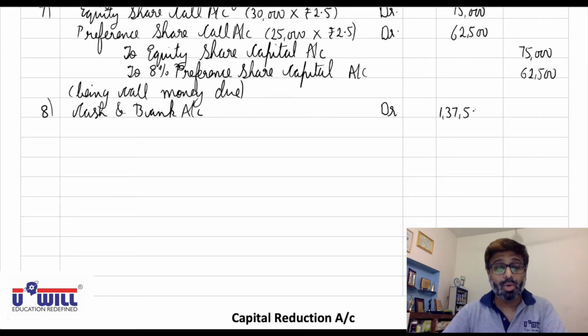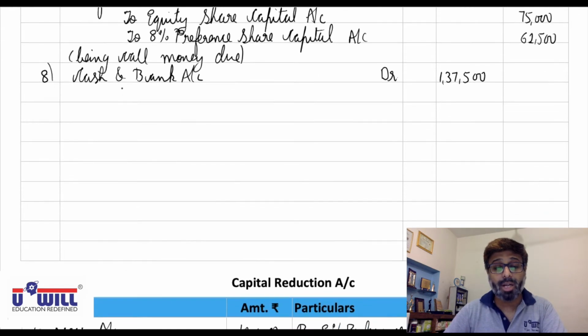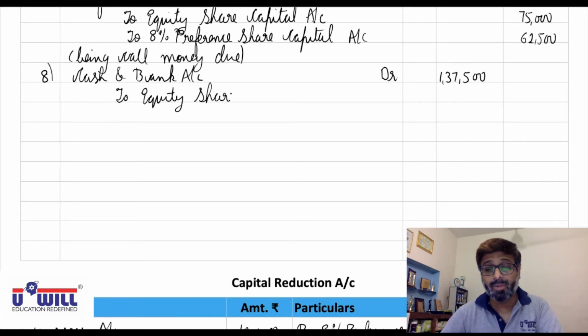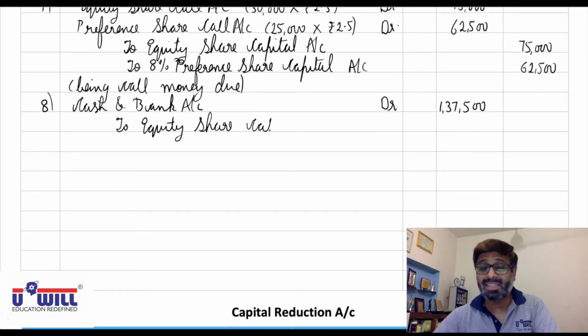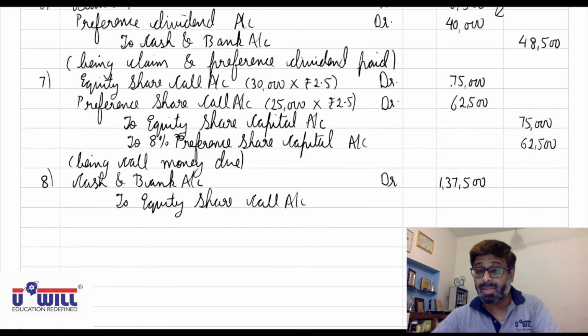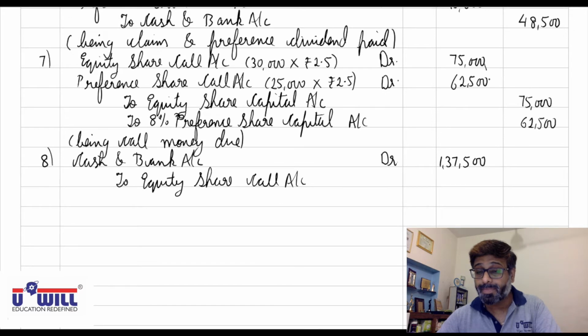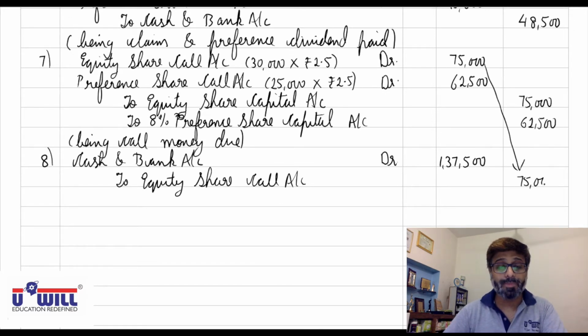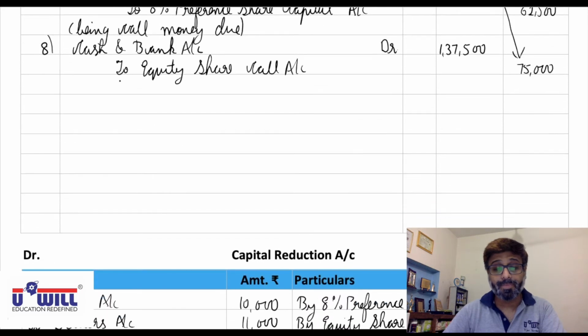To equity share call account, call account is what we have to reverse and credit to close it, 75,000. And same way to preference share call account, 62,500.